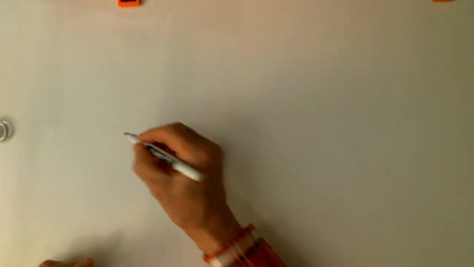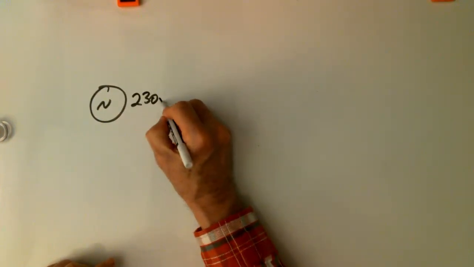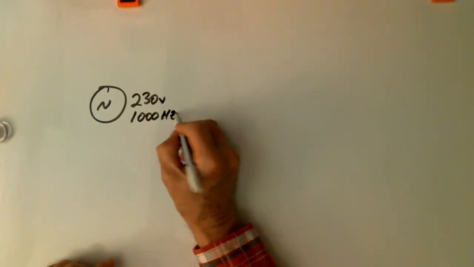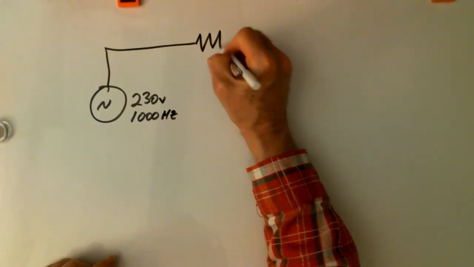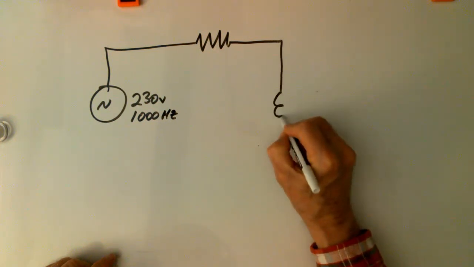Okay, so let's take a look at this. What we've got is our circuit, right? 230 volts, 1000 hertz. A resistor, a reactor.